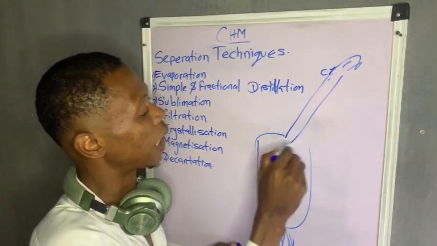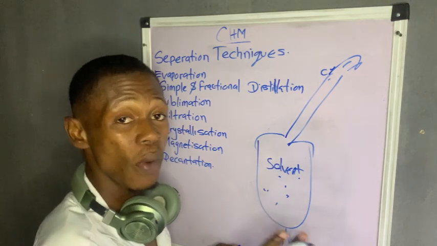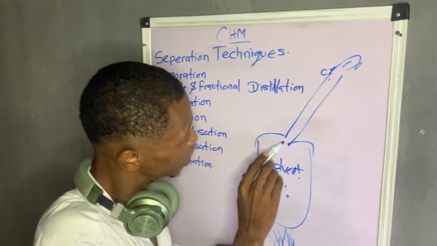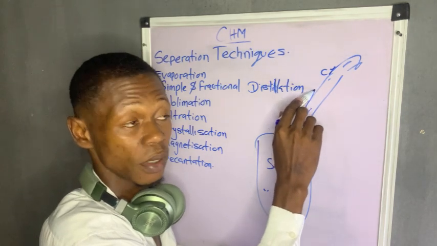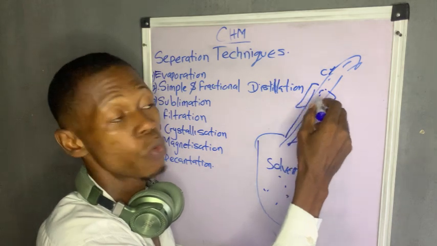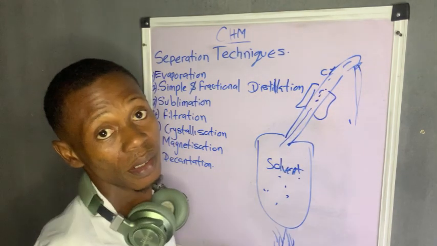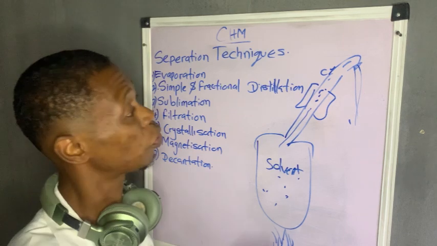You can capture it through a condenser. So whichever one reaches the boiling point leaves this place, evaporates, turns to steam and passes through here. When it gets to the condenser, it cools and drops back as liquid. So you get the liquid.